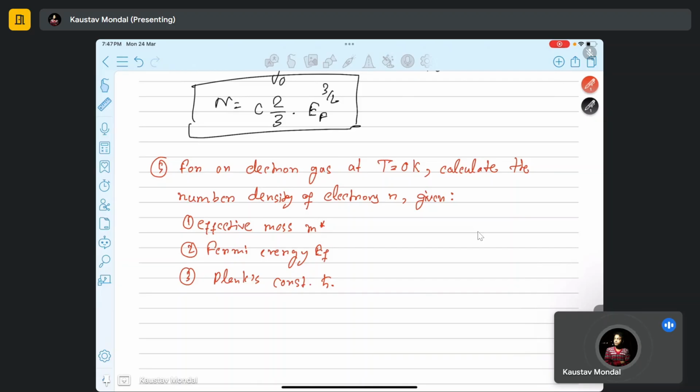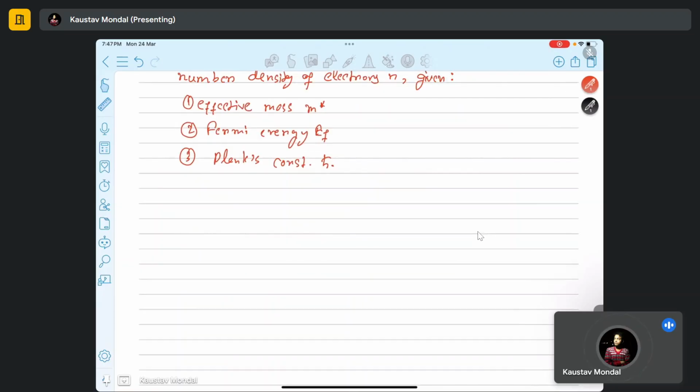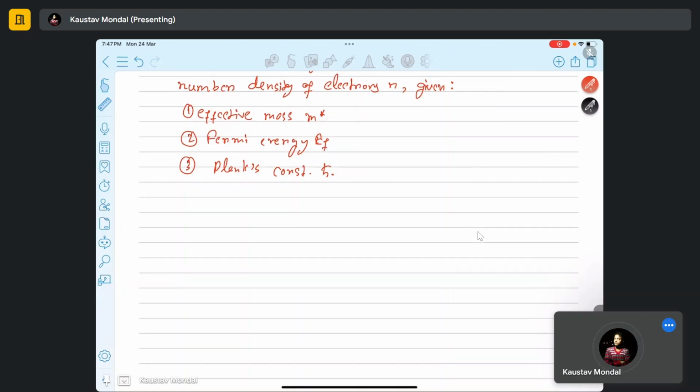We already know that at T equal to 0, the number of particles at a particular state E is given by the integration.